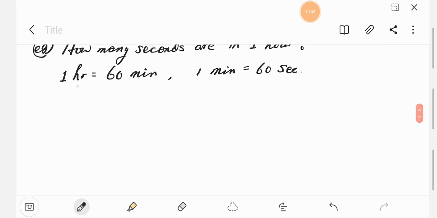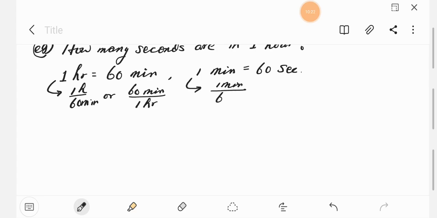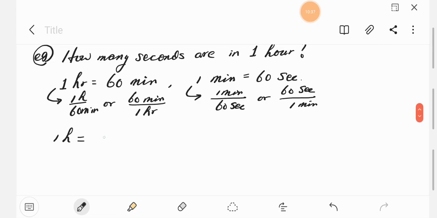So the conversion rate for this one is what? Either it can be 1 hour over 60 minutes, or 60 minutes over 1 hour. And for this one, 1 minute over 60 seconds, or 60 seconds over 1 minute. So these are the conversion rates. So when we convert 1 hour into seconds, write 1 hour times 1, right?